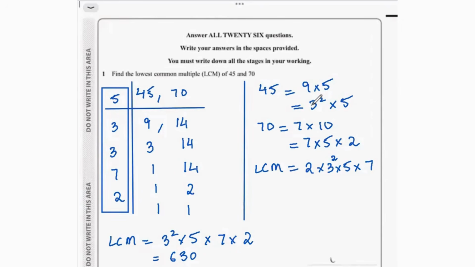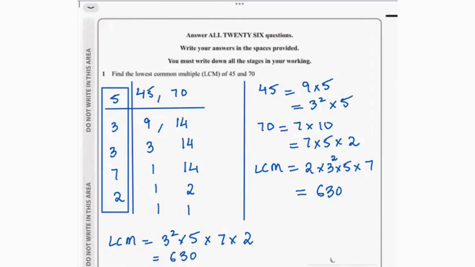We don't write it as 5 squared because we cannot combine the numbers from different numbers. We cannot write 5 as 5 squared because one 5 is in 45 and the other is in 70. Once again, you cannot combine them. You keep them separate. So the highest power of 5 is 5. And for 7, the highest power is also 7. When you multiply them, that also gives us 630.